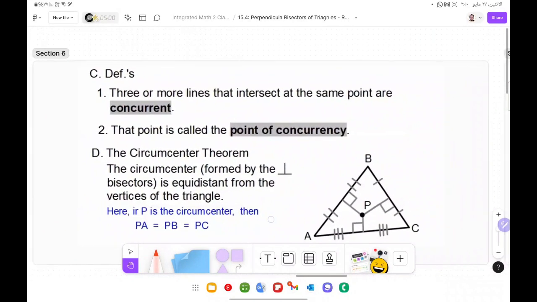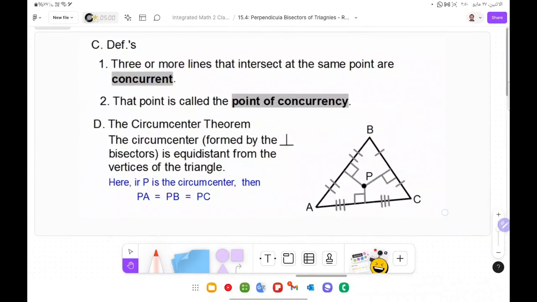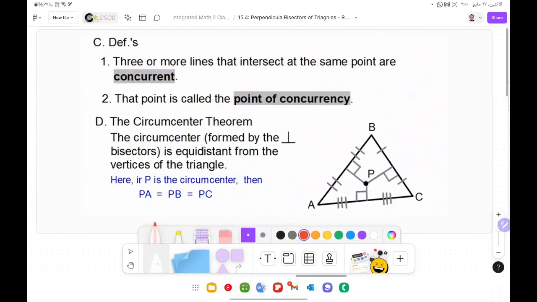Now let's look at what we learned from constructing the angle. Number 1, three or more lines that intersect at the same point, we call this concurrent.